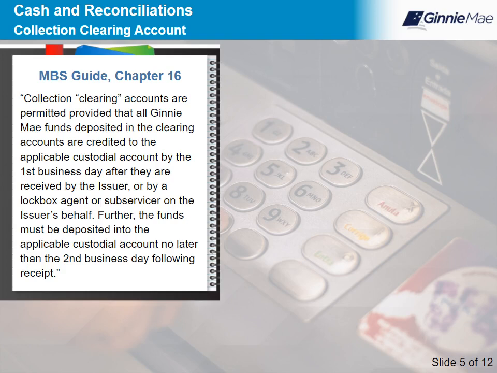Further, the funds must be deposited into the applicable custodial account no later than the second business day following receipt. Let's examine this in further detail. The collection clearing account is an optional account that can be used for Ginnie Mae and non-Ginnie Mae funds.